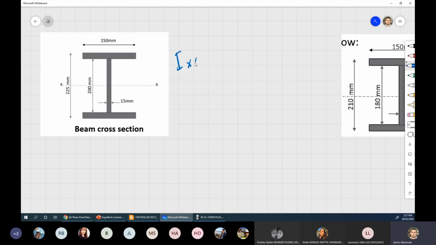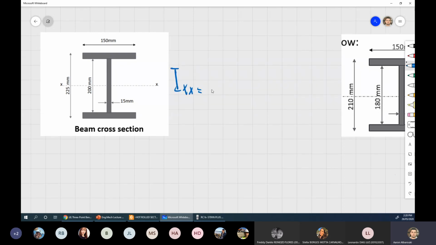Ixx equals, the first B is 150 by 225 cubed on 12 minus 2. I'll do it in a slightly different way. Let's try this.